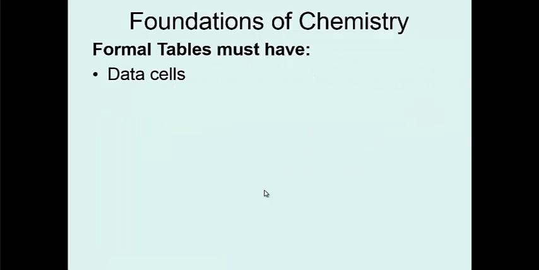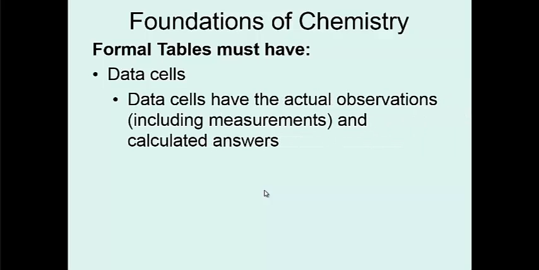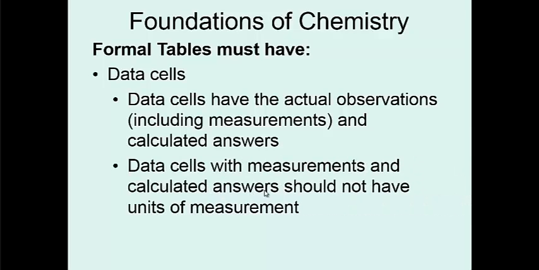And then we have the data cells. Data cells have the actual observations, including measurements and calculated answers. Data cells with measurements and calculated answers should not have units of measurement. So the units of measurement only appear in the column labels, not in the data cells where you've got the measurements themselves.